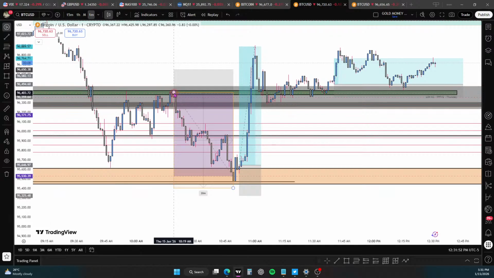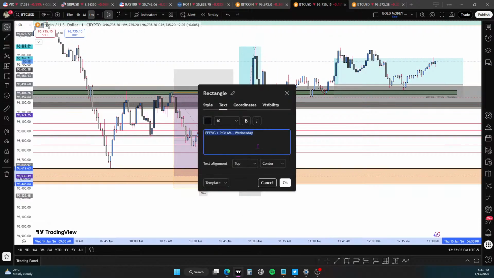Half an hour later, on the 1 minute time frame, exactly half an hour later, we're now at this consequent encroachment of the same gap. Oh no, sorry. Well, no, this is London Kill Zone, and this is the equities open first presented fair value gap. So they're not in the same exact session, but it's the previous day's first presented fair value.